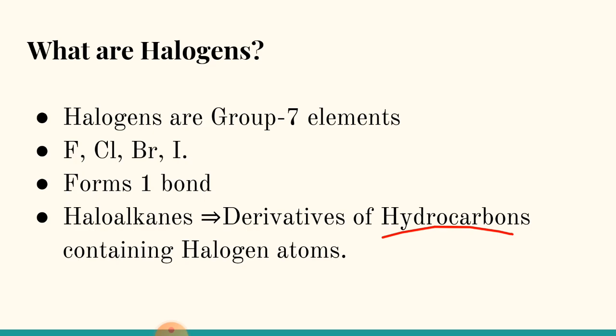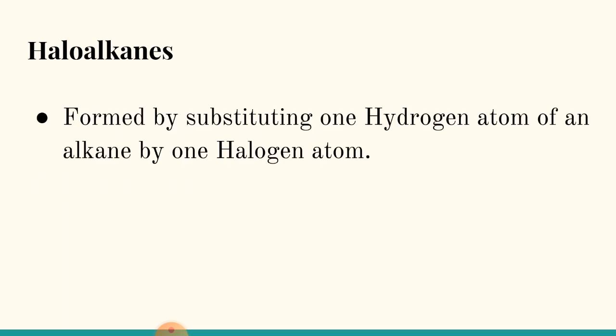So in the haloalkanes, one hydrogen atom from the hydrocarbon is removed and gets replaced by the halogen atom. So haloalkanes are formed by substituting one hydrogen atom of an alkane by one halogen atom.